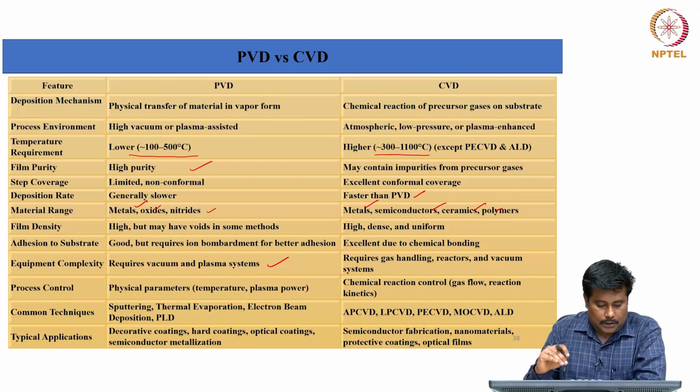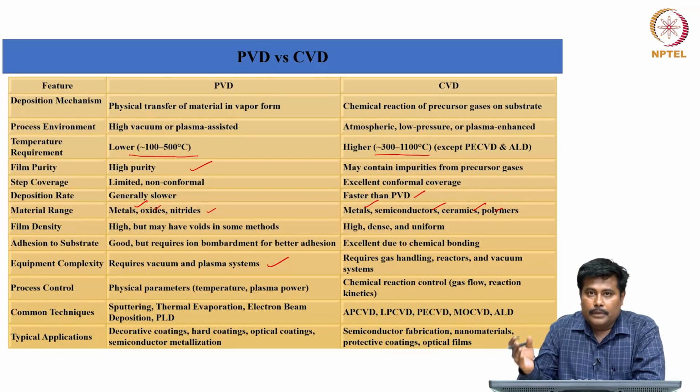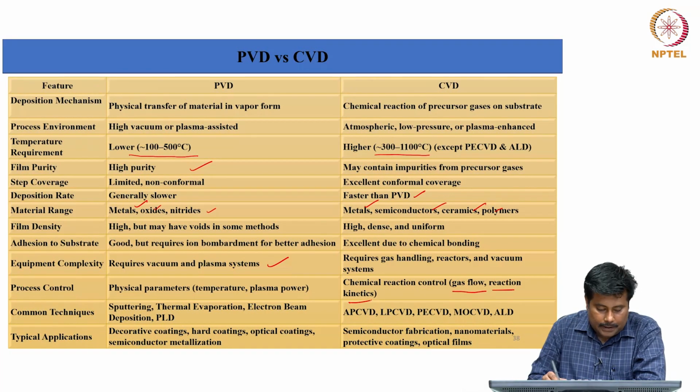For process control, PVD has physical parameters, whereas in CVD there is a chemical reaction. So, automatically, for a chemical reaction we require certain elements and sub-elements to be integrated, which include gas flow and reaction kinetics.